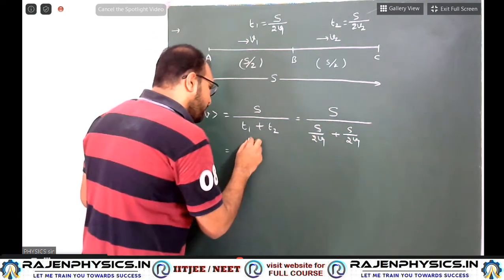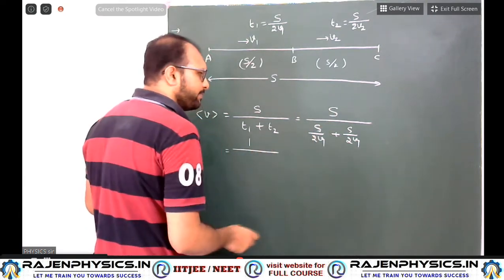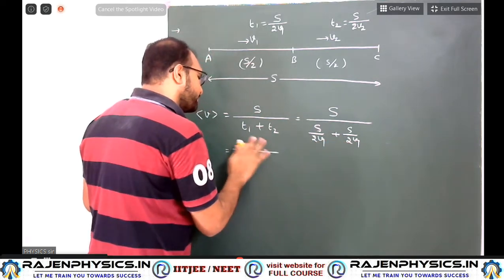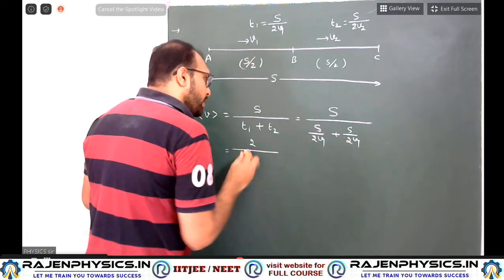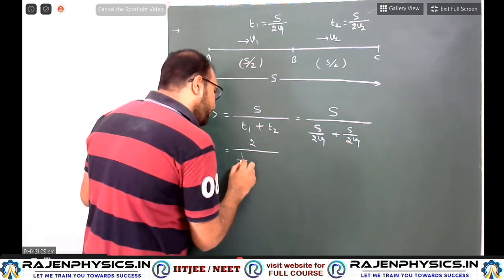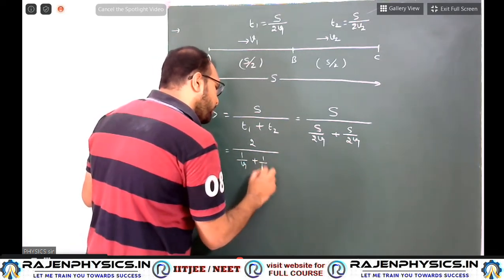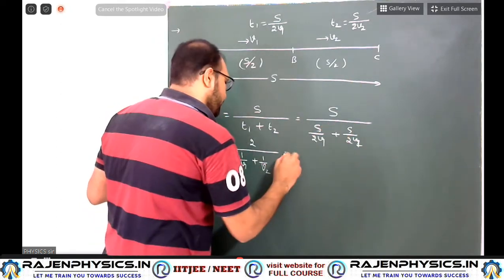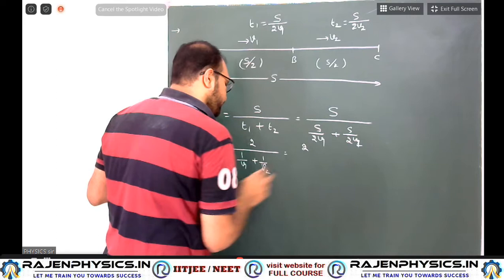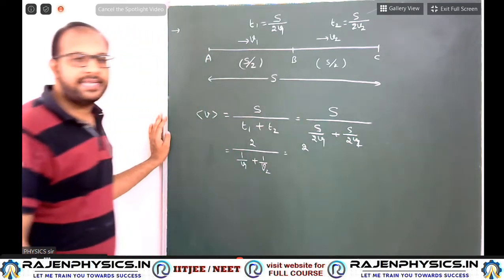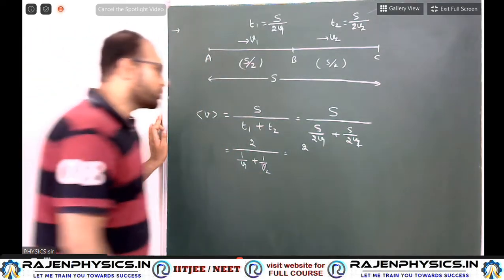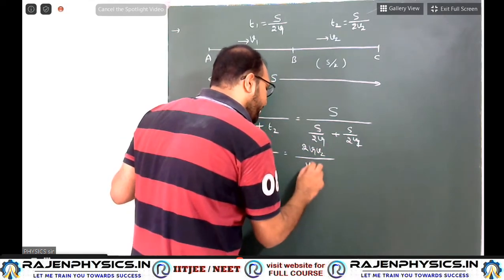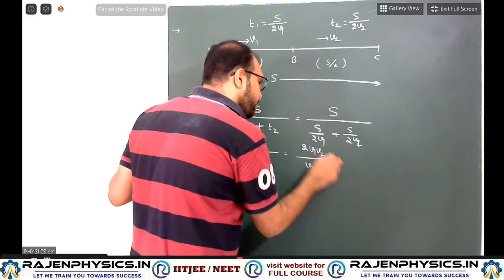After S cancels out, 1 divided by, this 2 here we can write as 2 divided by 1 by v1 plus 1 by v2. Taking v1 v2 LCM, that comes to the numerator. So the answer is 2 v1 v2 divided by v1 plus v2.